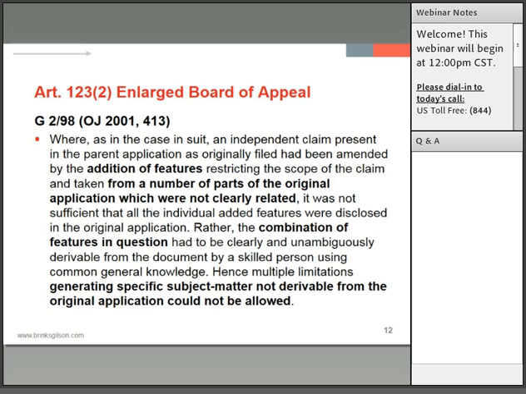There was no language in the patent application that said that these different limitations, in Europe called features, and I apologize when I mix up the terminology, were related. So these features were not clearly related, as the board said, and thus the combination was not clearly and unambiguously disclosed. Accordingly, the claims were not derivable from the original application and were not allowable.